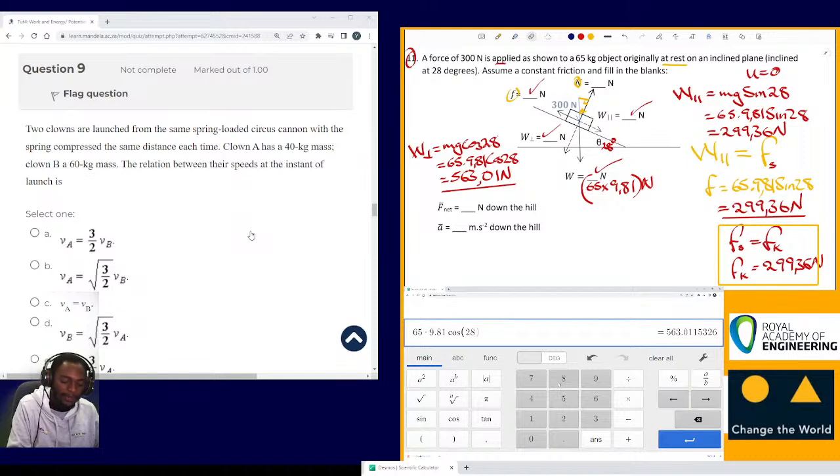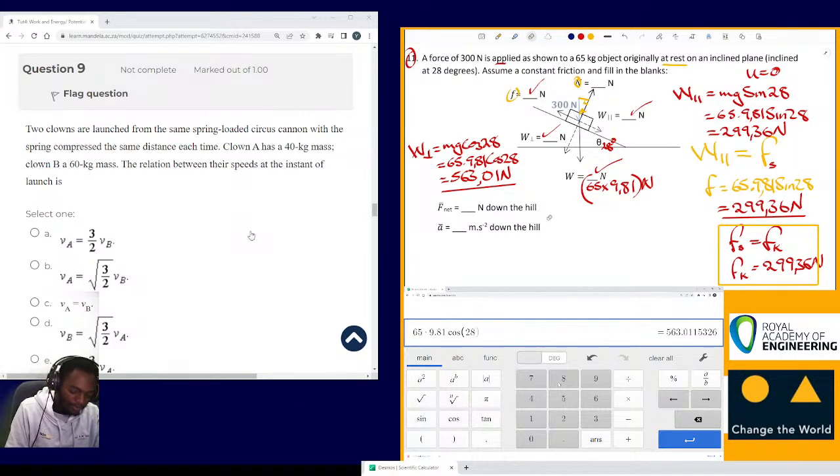The component of the 300 newton force down the slope would be 300 sine 28. You should be familiar with resolving now. You can resolve by choosing any right angle triangle with the appropriate angle, and in this case we'll use that angle theta, which is 28.